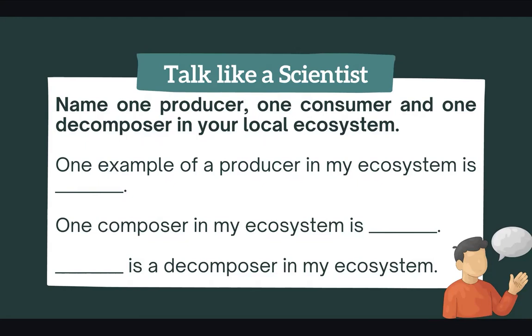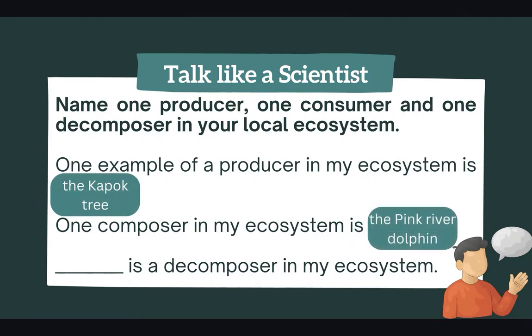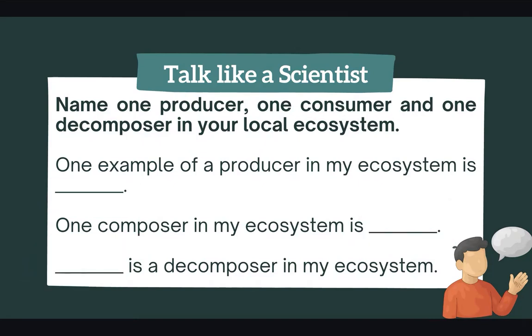One example of a producer in my ecosystem is the kapok tree. One consumer in my ecosystem is the pink river dolphin, and the leafcutter ant fungus is a decomposer in my ecosystem. Now I want you to talk about your ecosystem. Pause the video.